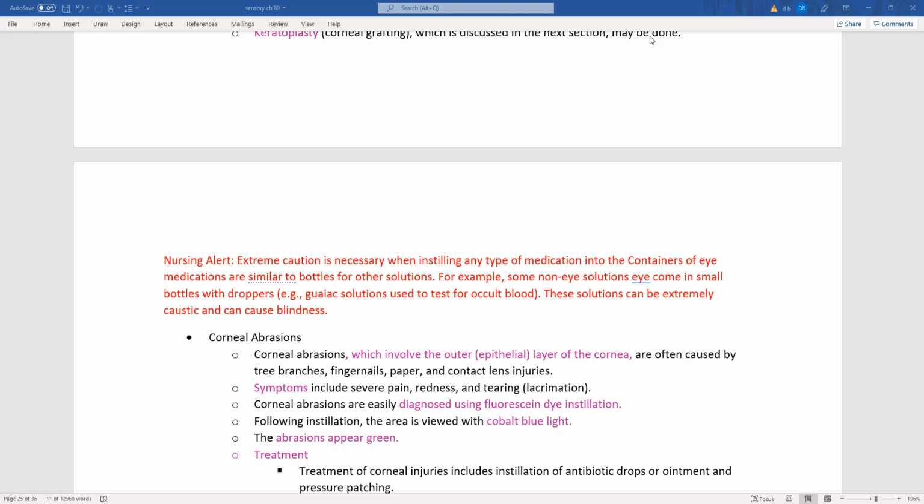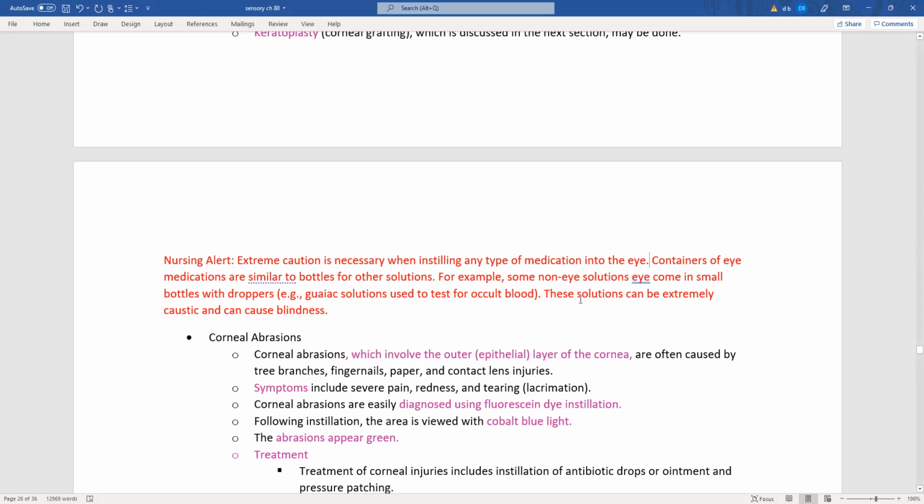Okay, so the book says extreme caution is necessary when instilling any type of medication into the eye. Containers of the medication are similar to bottles for other solutions.